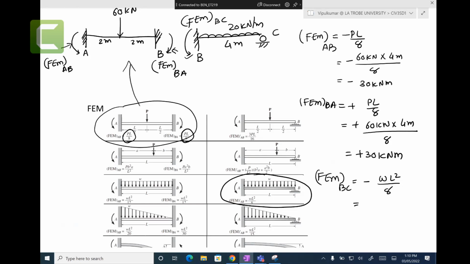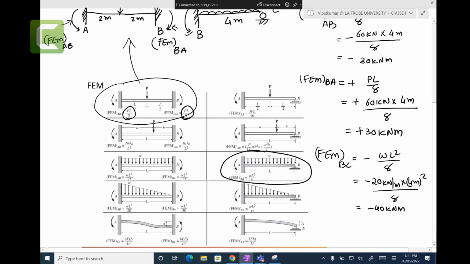So WL square, minus because it's anti-clockwise, W is 20 kilonewton per meter, times length 4 meters squared over 8 gives you minus 40 kilonewton meters. Right? So we found AB, BA, BC fixed end moments.